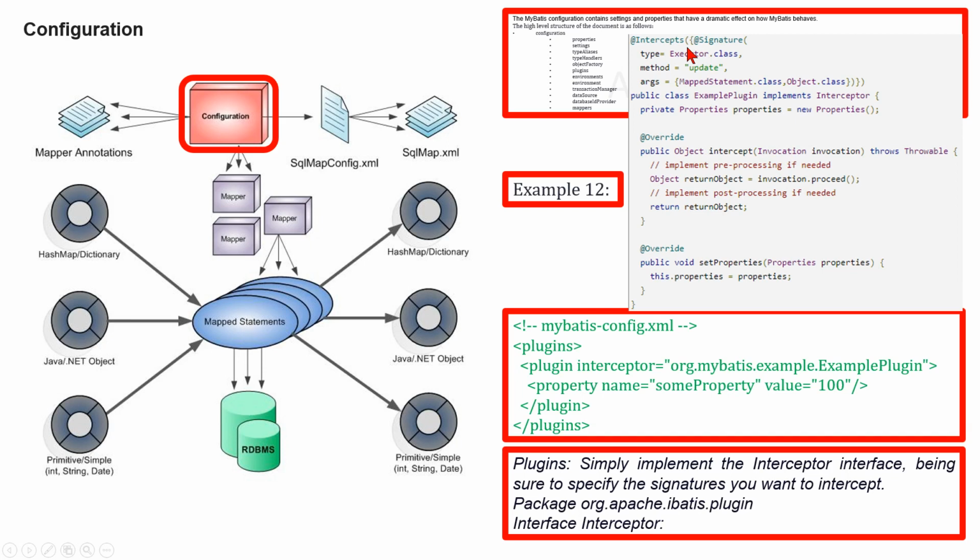By default, MyBatis allows plugins to intercept method calls of: Executor (update, query, flushStatements, commit, rollback, getTransaction, close, isClosed), ParameterHandler (getParameterObject, setParameters), ResultSetHandler (handleResultSets, handleOutputParameters), and StatementHandler (prepare, parameterize, batch, update, query).